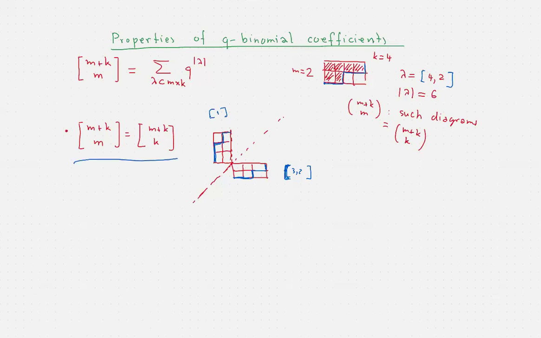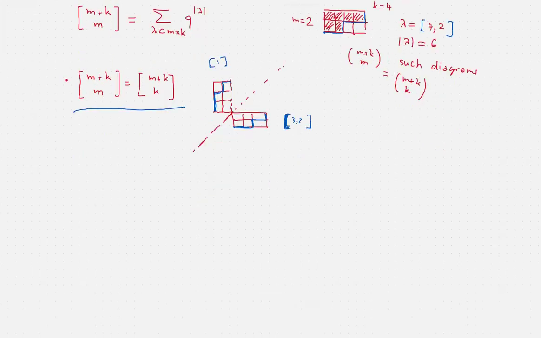Okay, so let's move on now to a different property, and actually let's try to understand better a special case. So why don't we look at the case where we have just one row.